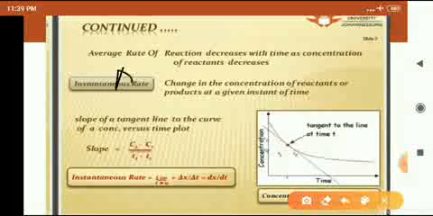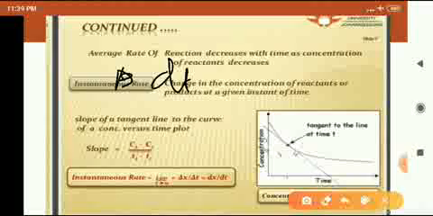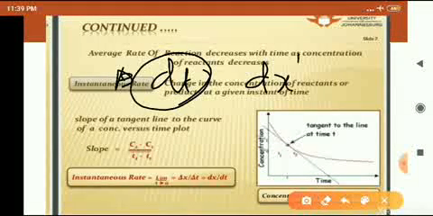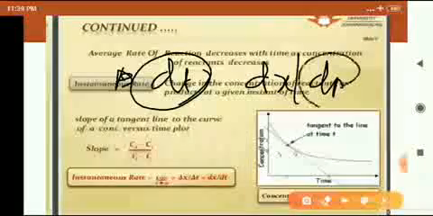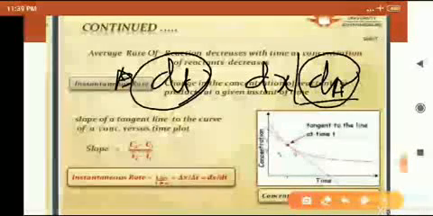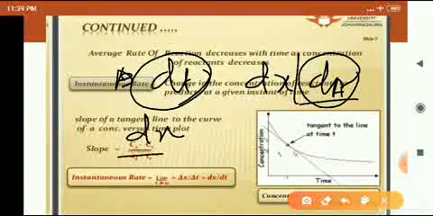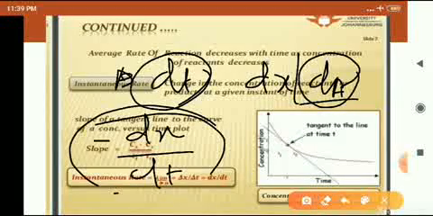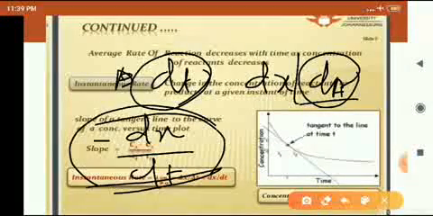Similarly, if dt represents the small interval of time, then dx or dA will represent the small change in concentration. Instantaneous rate of the reaction will be written as dx divided by dt. This is the instantaneous rate of the reaction at a particular instant.